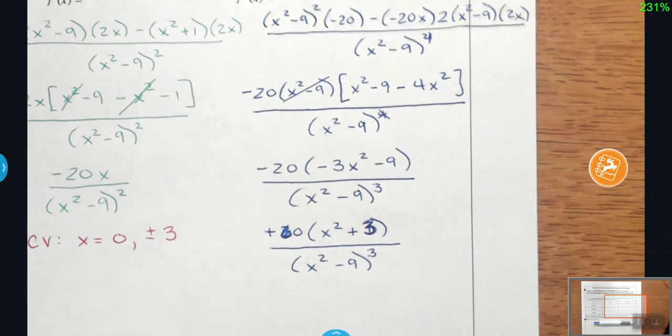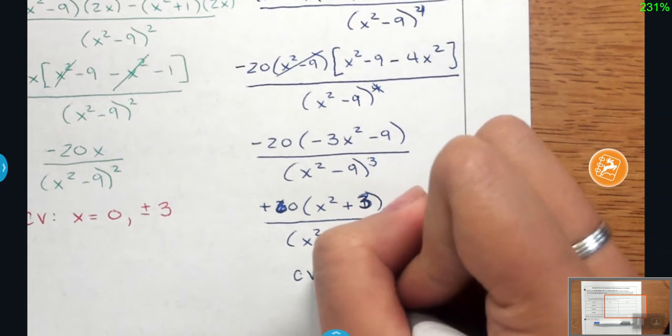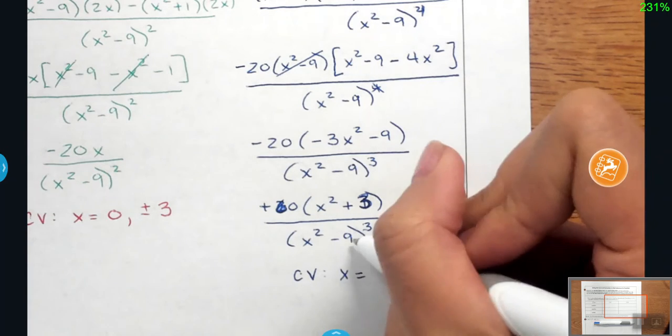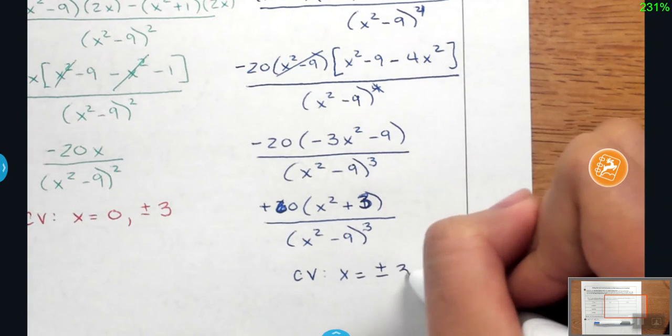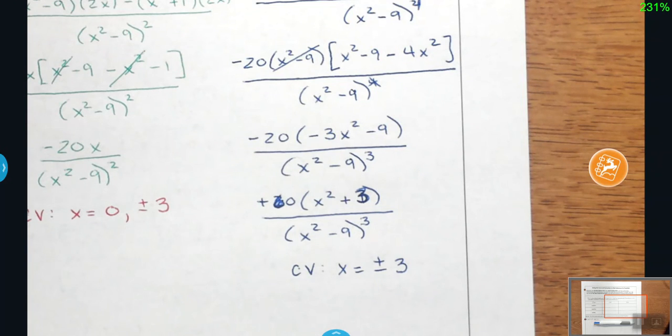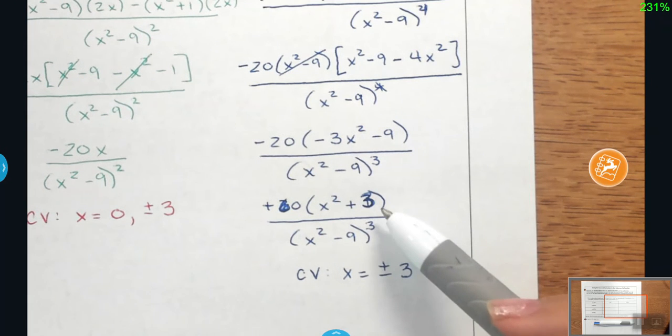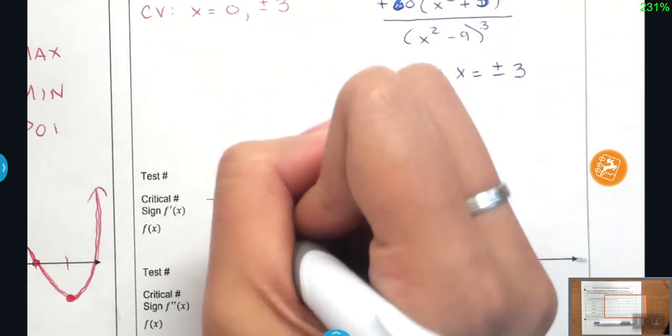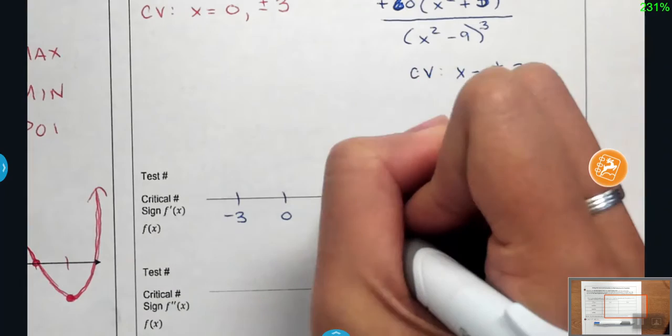Okay, cool. Do I have critical values here? Yeah, 0, and just at plus or minus 3, because the top won't give me any zeros. It would be equal to negative 3, and the square root would not give me anything. Okay, now let's test: 0, negative 3, 0, 3.